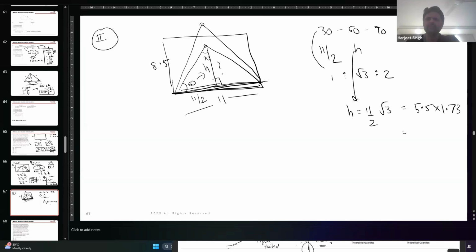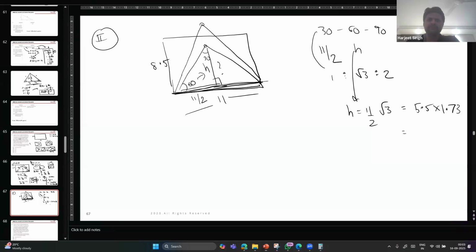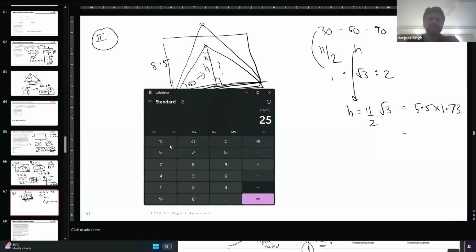Can we calculate? Five point five into 1 point 7, yeah, 9.5.